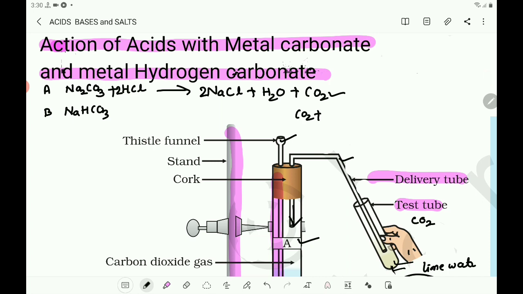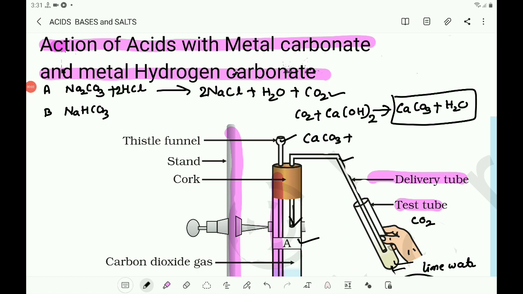CO2 plus Ca(OH)2, that is calcium hydroxide solution, which is also called lime water. Then you will get CaCO3, that is calcium carbonate, a white precipitate in water.